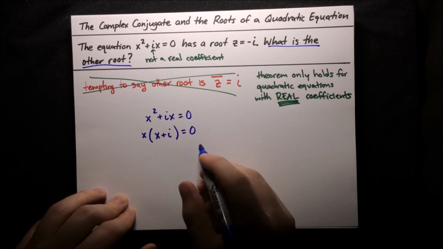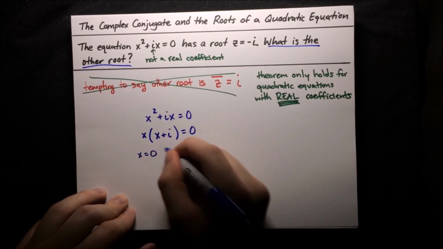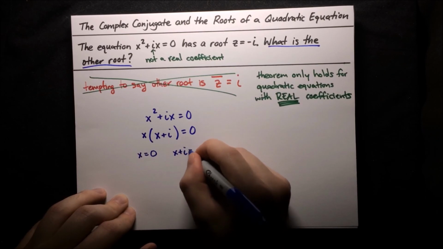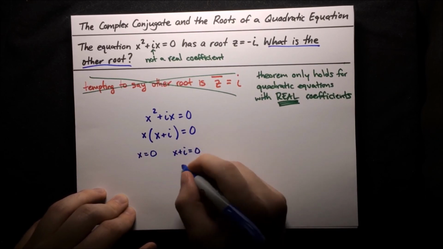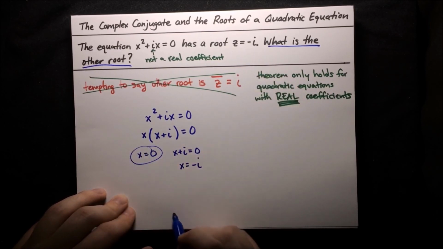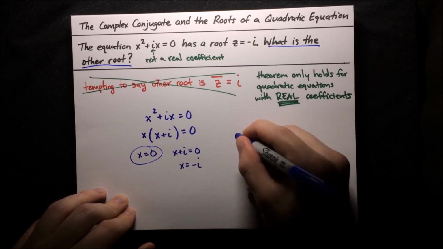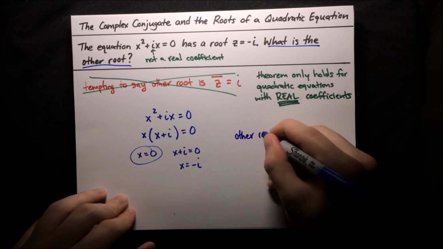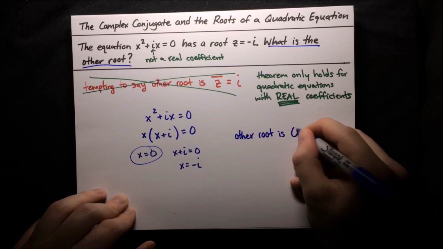So we've really got two solutions, either x equals 0 or x plus i equals 0. That x plus i equals 0 gives us our root x equals minus i. That's where that root comes from. So then this is our other root. So there we have it. The other root is 0.